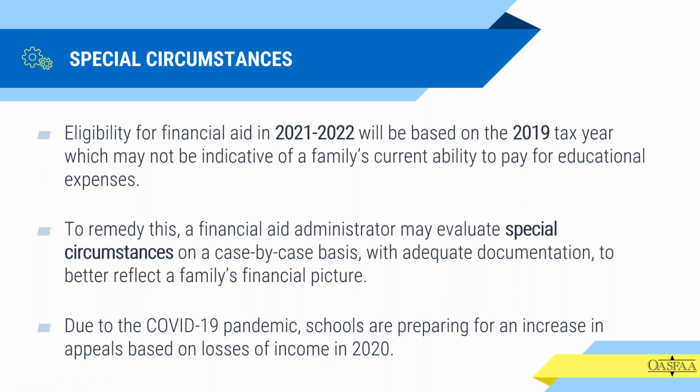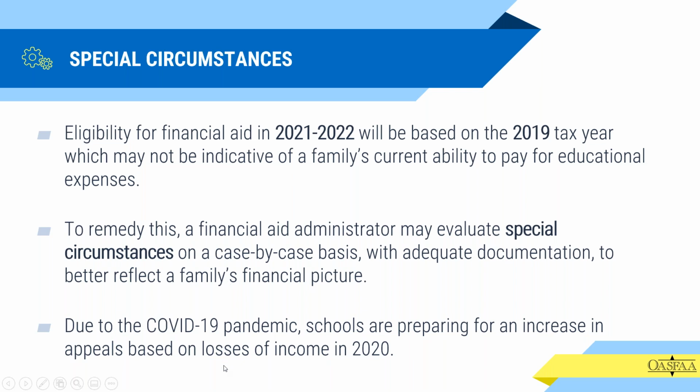They are using that 2019 income, and then they're contacting the school to say, I have a circumstance where my family, my mom and dad, made this in 2019, but we're not going to be making that in 2020 or 2021. So it's really important for students in that situation to reach out to their institution.